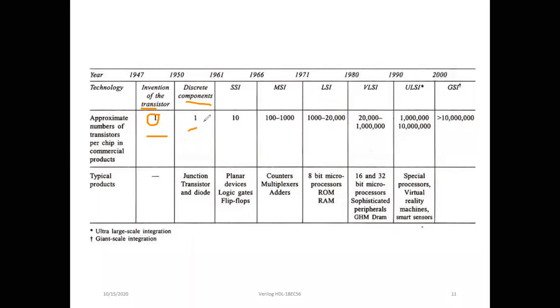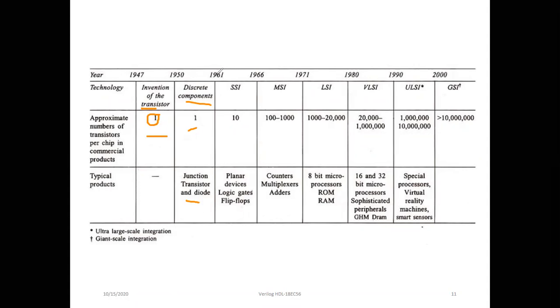The typical product here is the junction transistor and diodes. The junction transistor in the sense, I can say UJT, or sometimes MOSFETs, and the diodes, not only the PN junction diode, they can have the silicon controlled rectifier, SCR, and UJT, all the diodes, Zener diode, we can have here.